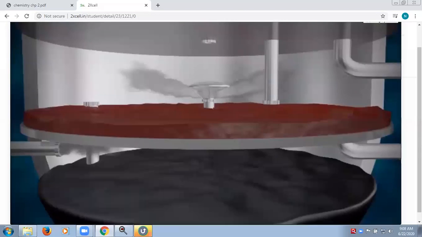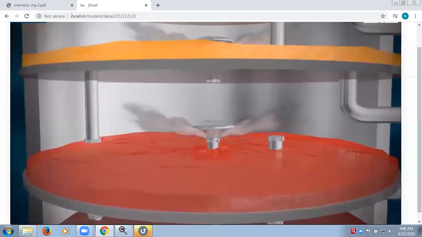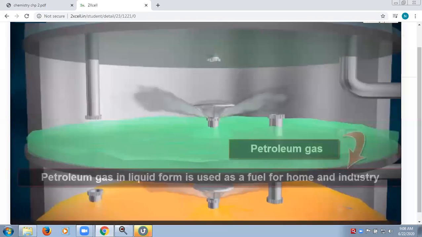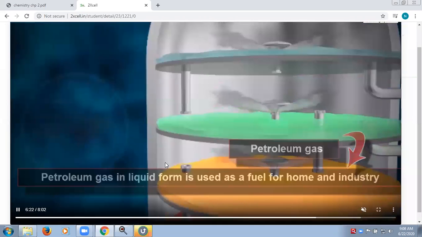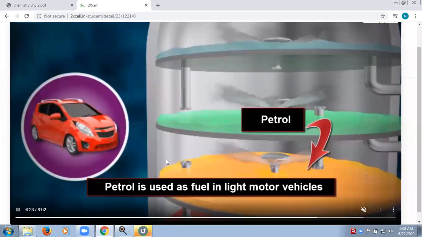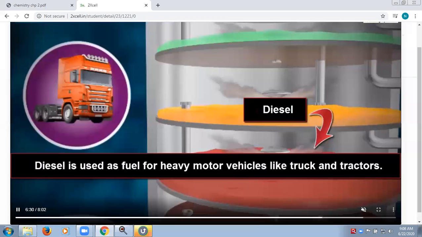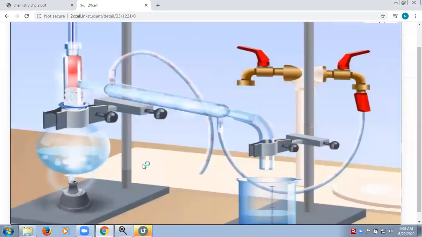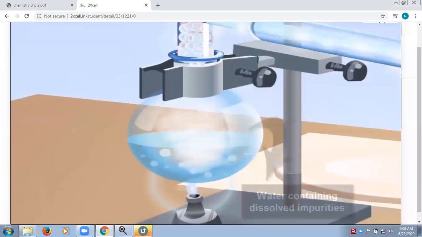Apart from these, the different components of crude oil, petroleum, are obtained by this method only. Petroleum gas is there, then we have petrol at different temperatures. Different components are obtained by the process of fractional distillation. Diesel is obtained from here. Clear?